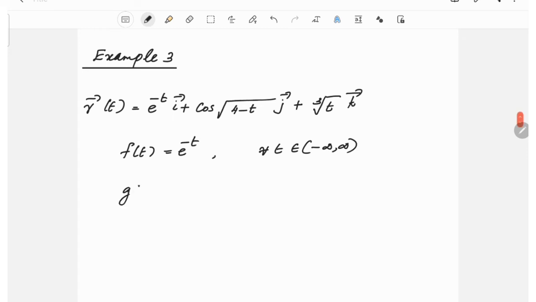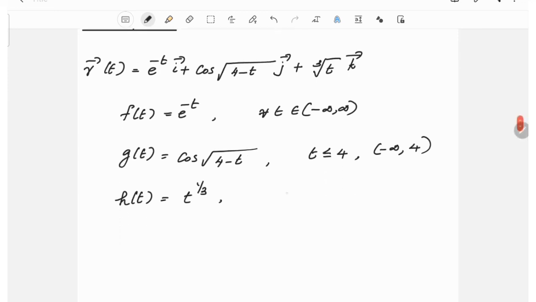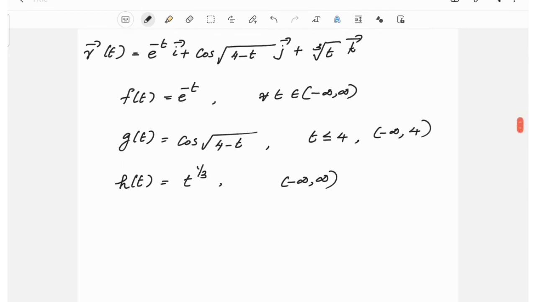And now g of t is equal to cos of the square root of 4 minus t, and this function is defined when t is less than or equal to 4, and it is continuous in the interval minus infinity to 4. And h of t is t raised to 1 by 3, and this function is defined on all points of the real line. So the interval on which the given function is continuous is minus infinity to 4.